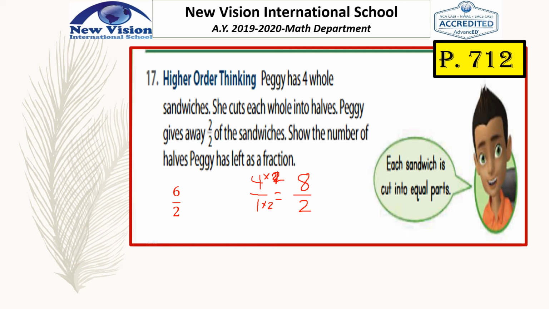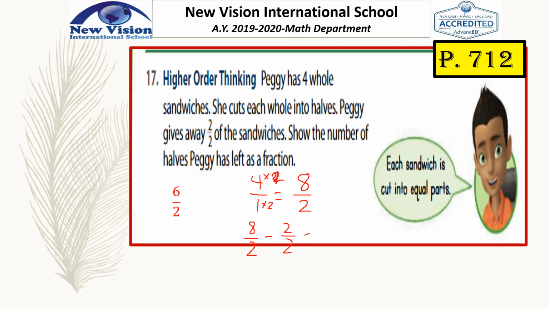Now, we're not yet done. Why? Because Peggy gives away 2 halves of the sandwiches. So we're going to use 8 halves minus 2 halves.